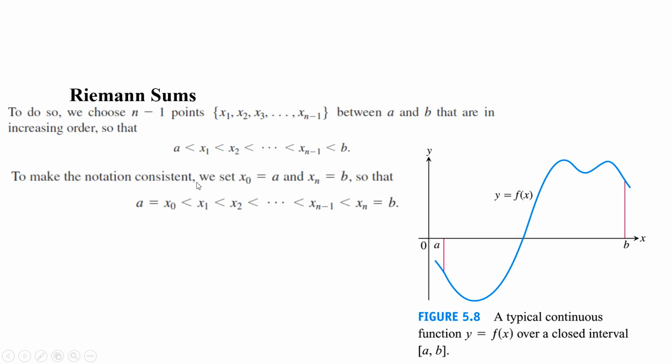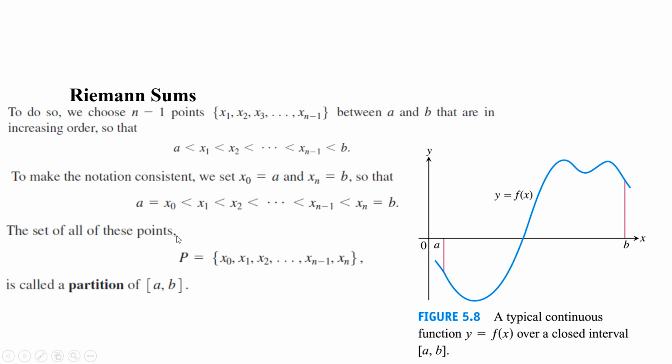To make the notation consistent, we assume that x0 is equal to a and xn is equal to b. So this is how it looks like, and the set of all these points x0, x1, x2, up to x n minus 1, xn is called a partition of a, b.